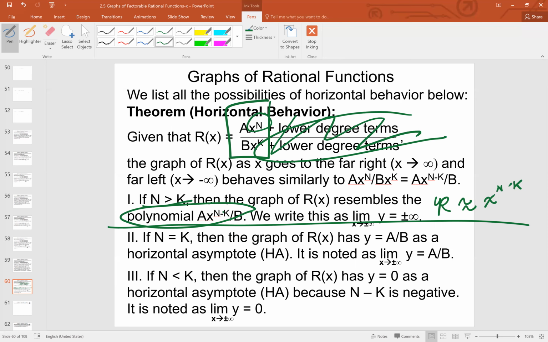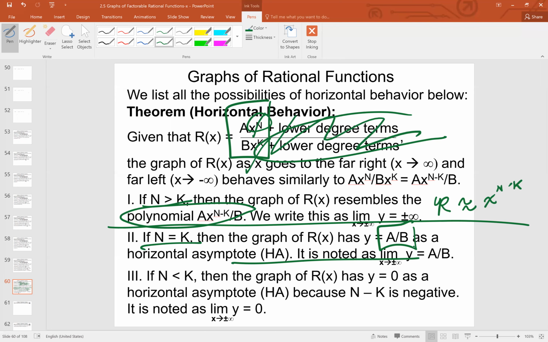Or maybe one goes up, one goes down. There are four versions from previous sections. Well, if they're the same power, that means I can cancel them. Then the only thing left is this constant a divided by b, and that's a horizontal line. In that case, that's the outside picture.